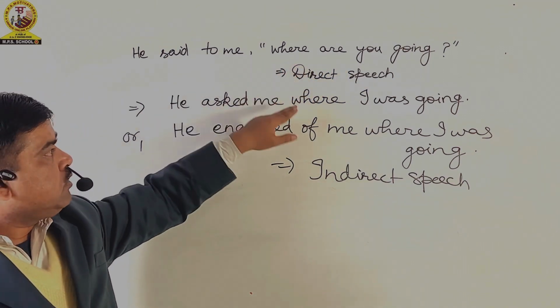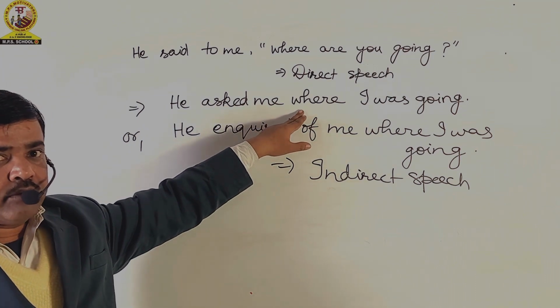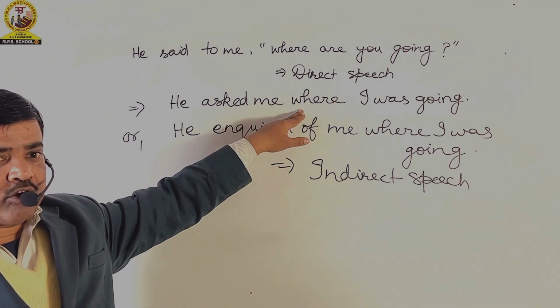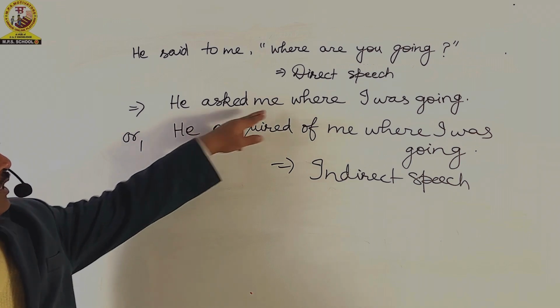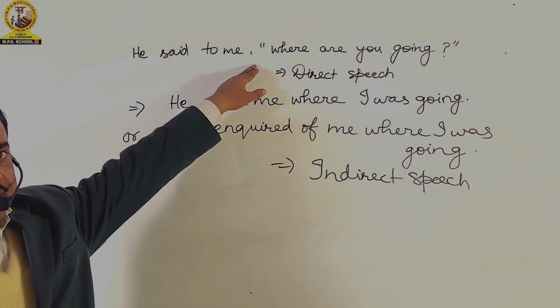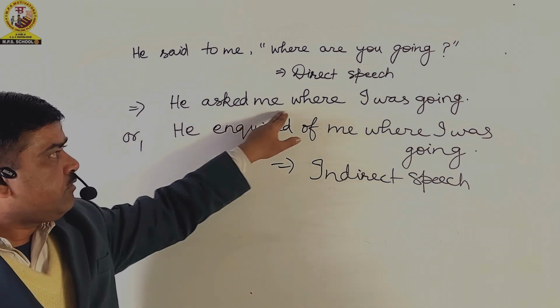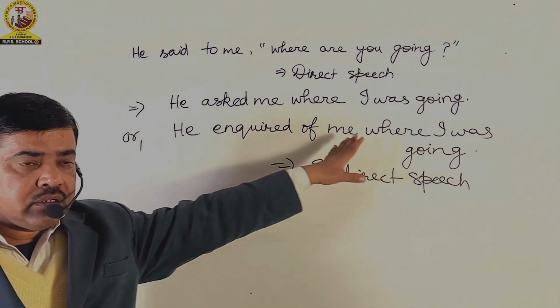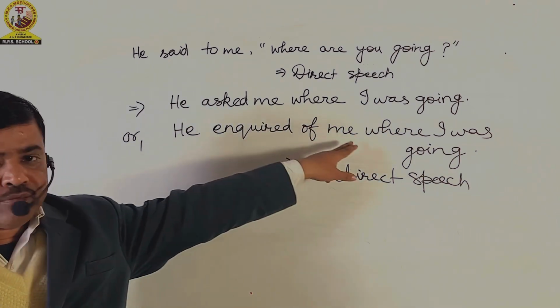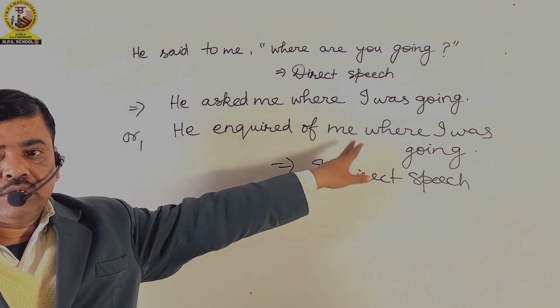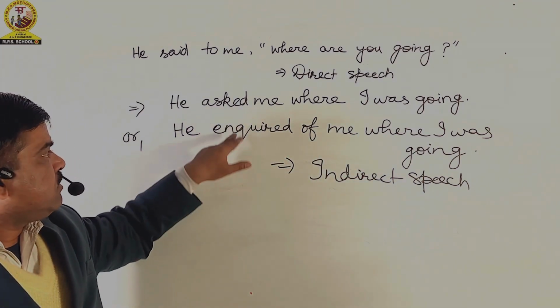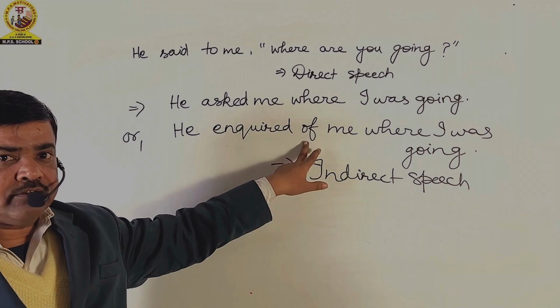That's why we will use the question word by replacing inverted commas. So the indirect speech of the above sentence will be either he asked me where I was going, or he inquired of me where I was going. In place of asked, we have used here inquired of.